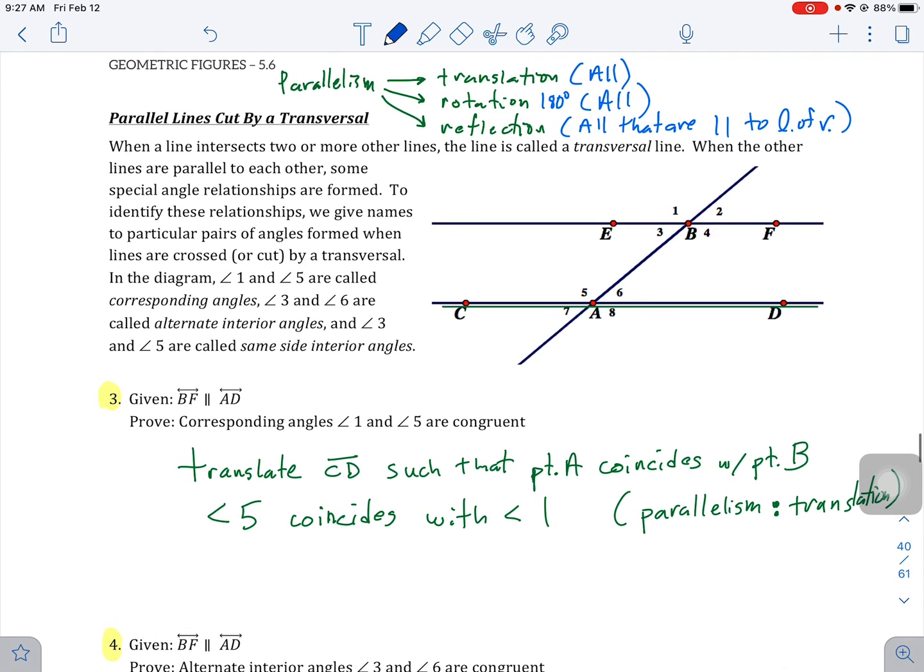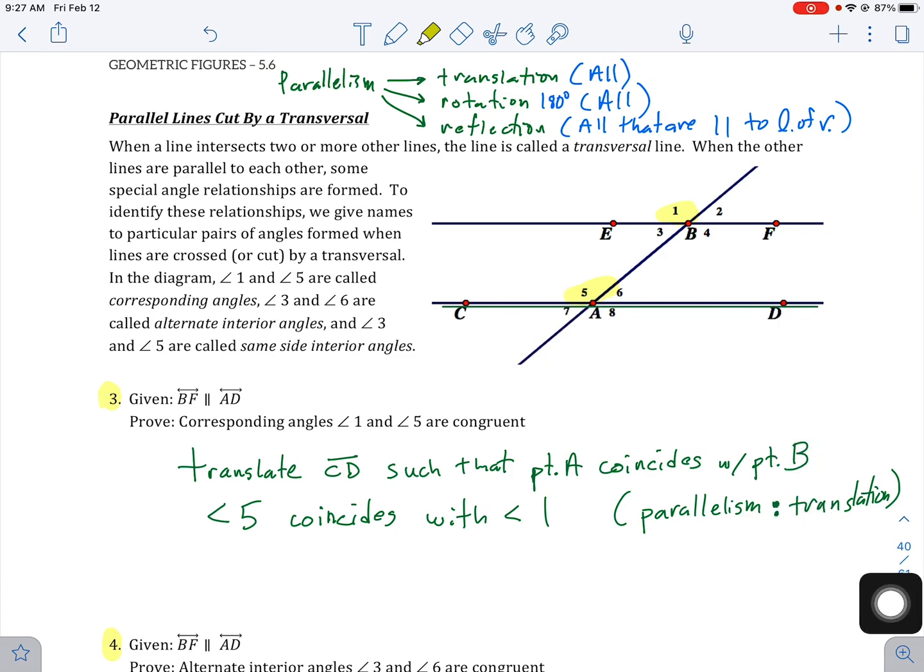The first one that we're looking at, we're going to prove that angles 1 and 5 are congruent. So here's 1, here's 5. These are corresponding angles. And what's given is that BF is parallel to AD.